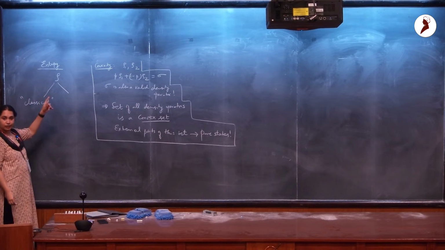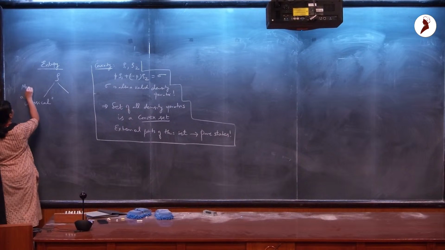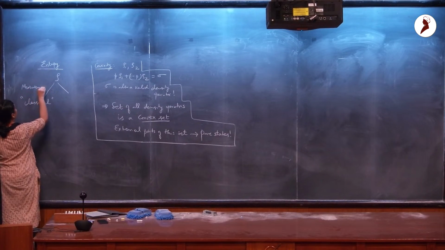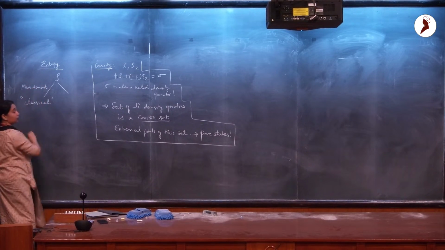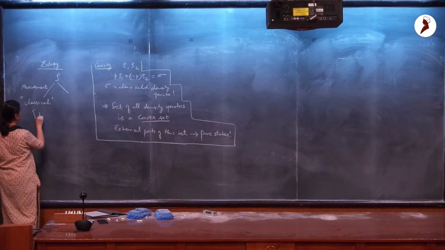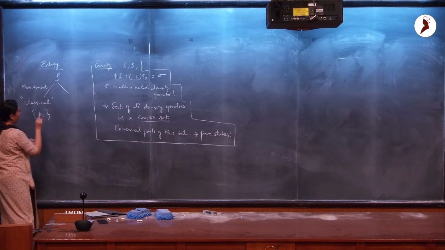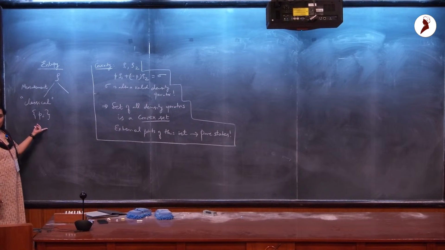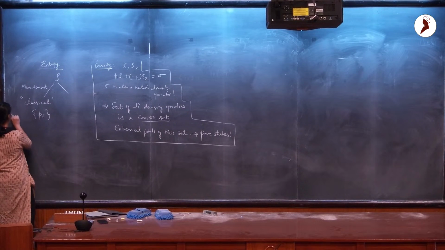I say classical because I perform a measurement. The measurement induces a probability distribution, and then I can talk about the entropy of this probability distribution using any of the measures of entropy that I would think about in the classical setting. So this is some probability distribution.